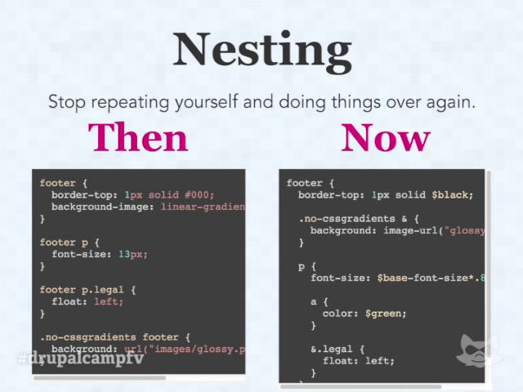I don't want to have to do another declaration block that says, oh, if there's no CSS gradients, do this to the footer. I want to keep all my styles together for the footer in that one code block. So I can say the class, no CSS gradients, and the ampersand, which prepends it to the parent element.